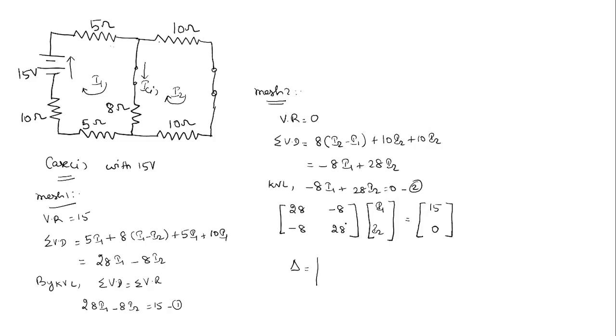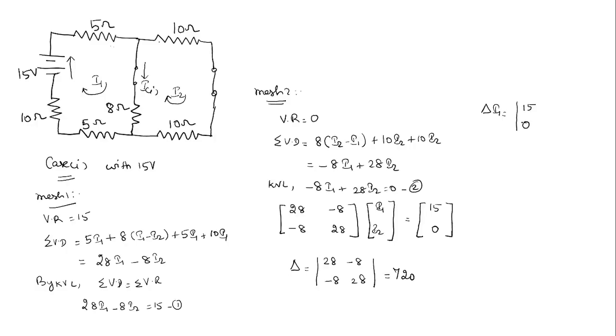So first we have to find out the delta value. Delta is nothing but the determinant of this resistance matrix: 28, minus 8, minus 8, 28. Okay. So on simplification, the delta value will become 720. Next we have to find out delta I1. For finding out delta I1, we have to replace the first column by the right hand side matrix.